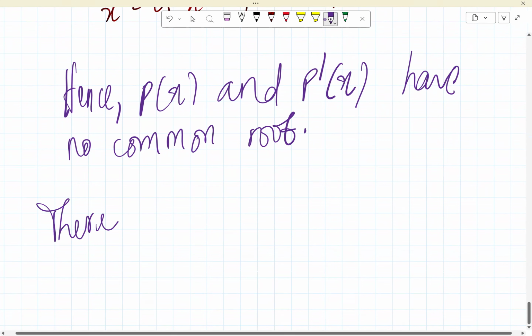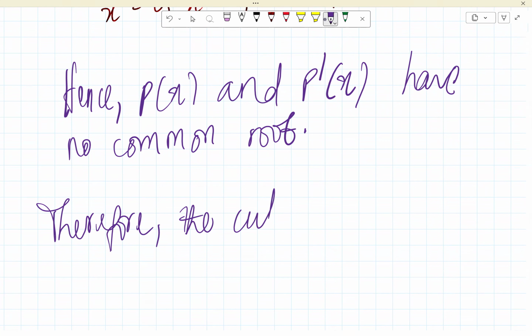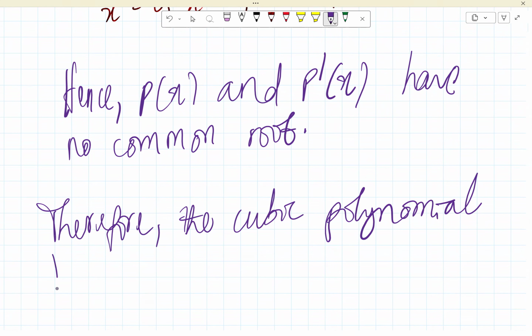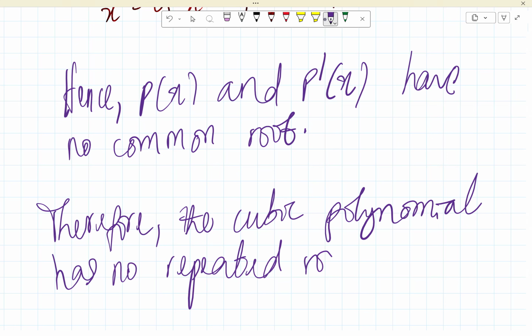Therefore, the cubic polynomial has no repeated roots.